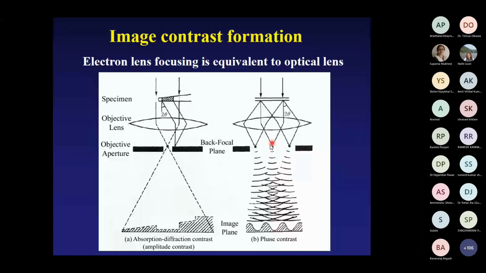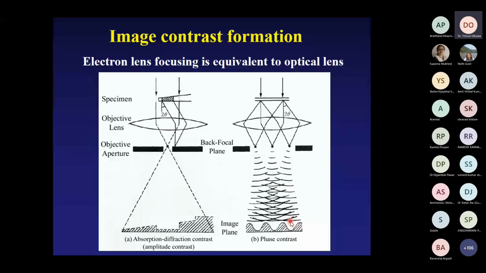The final image is generated by the coherence and the interference fringes due to the phase difference. This image is called the phase contrast. In high resolution imaging, this phase contrast is very important. I'd like to explain it in detail later.